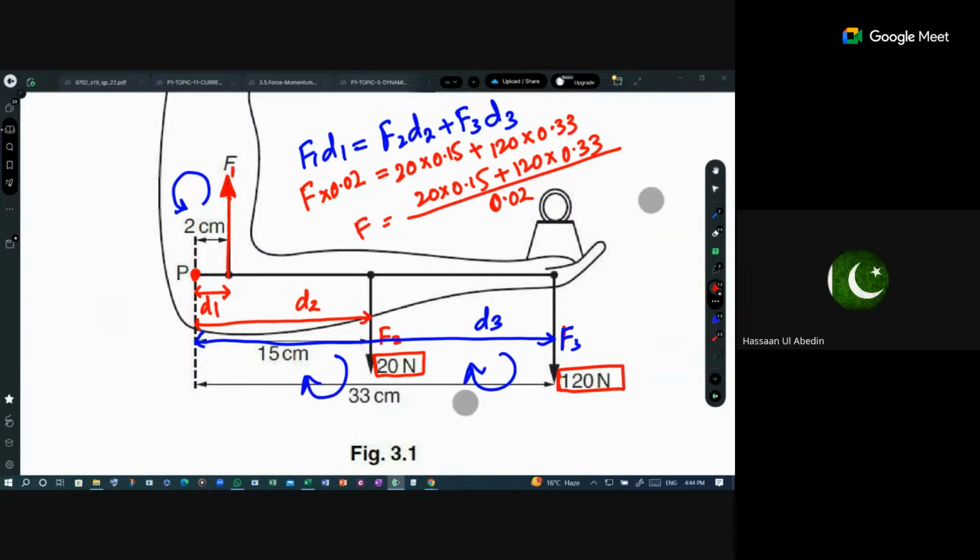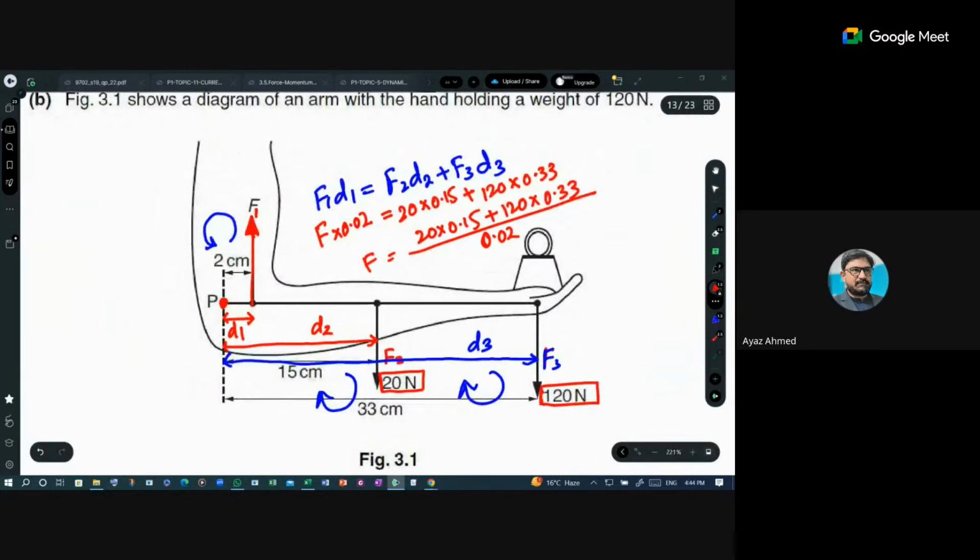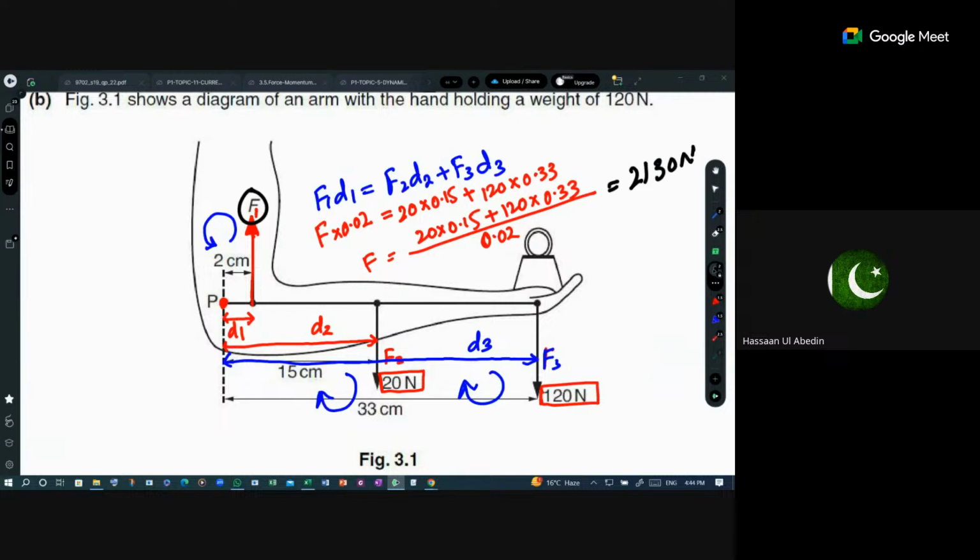Got it? Yes, sir. So I did not get into formalities for this question. I just found what force is required by your muscles. So what is the answer? 2130, which is rounded as 2100 Newton.